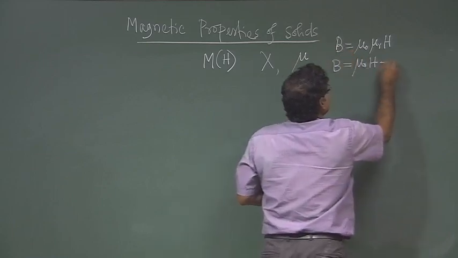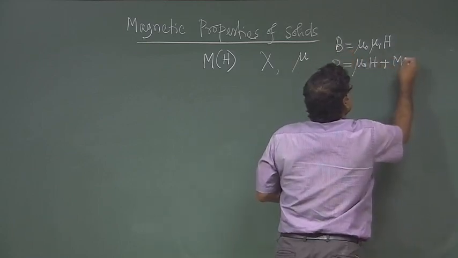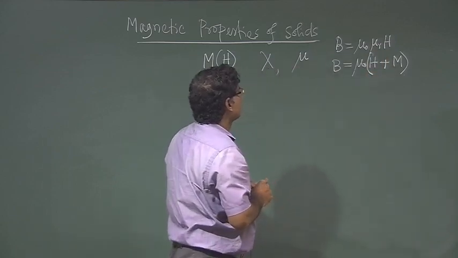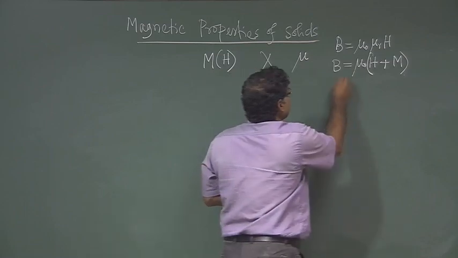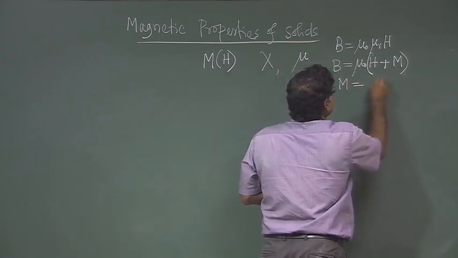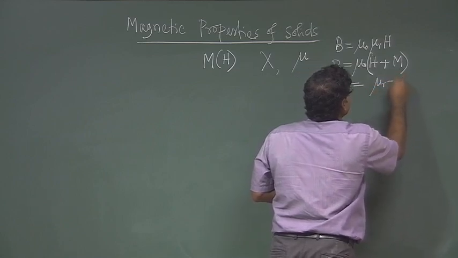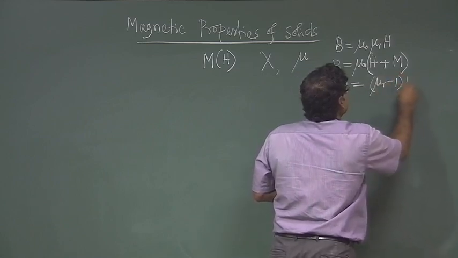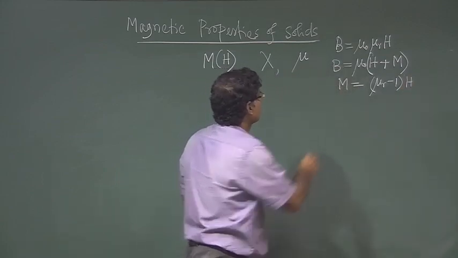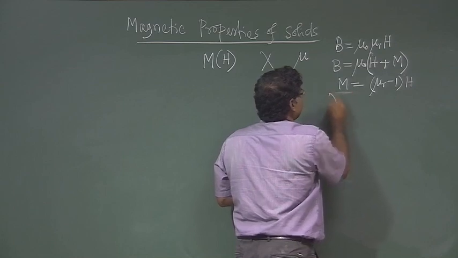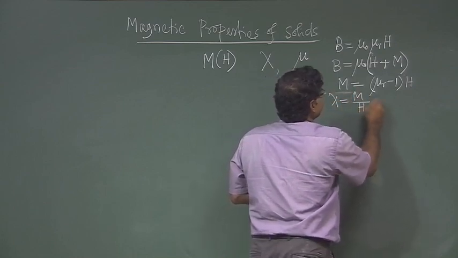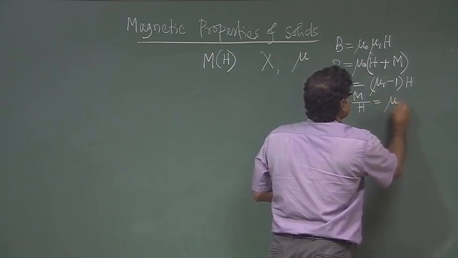One is this, another is from the magnetic material, this is magnetization M, and M is basically what we got, mu r minus 1 into H. So then chi equal to M by H, that is mu r minus 1.